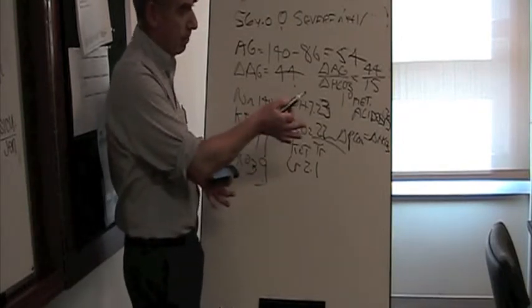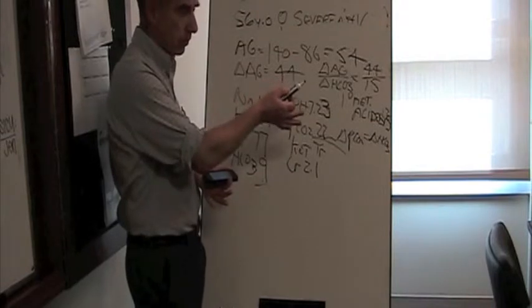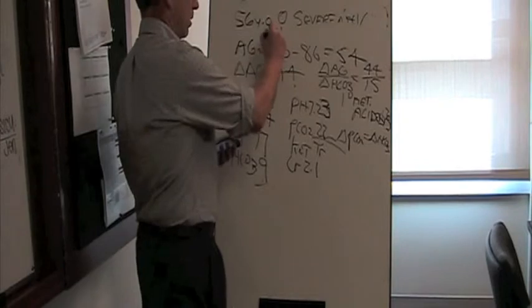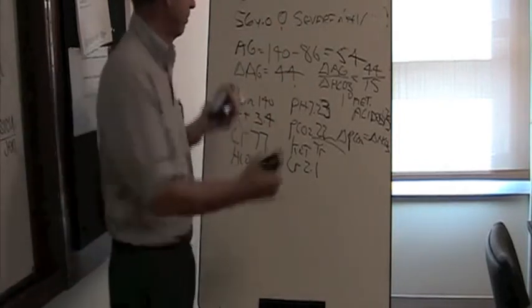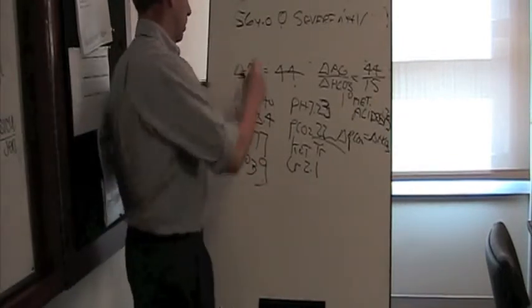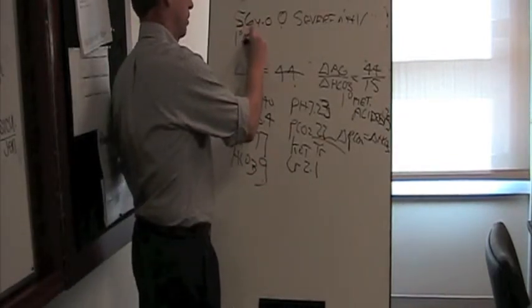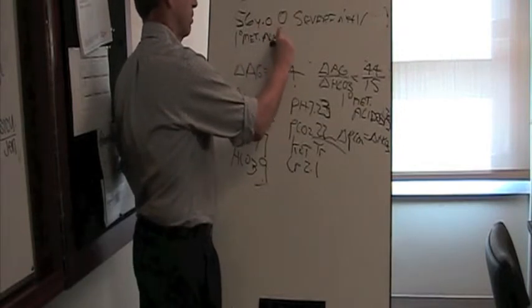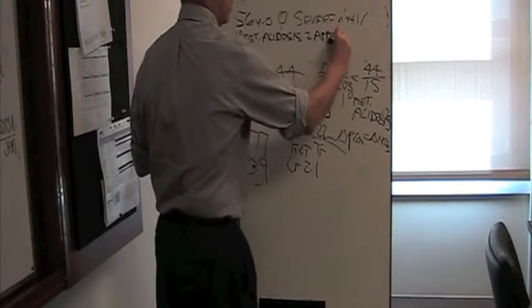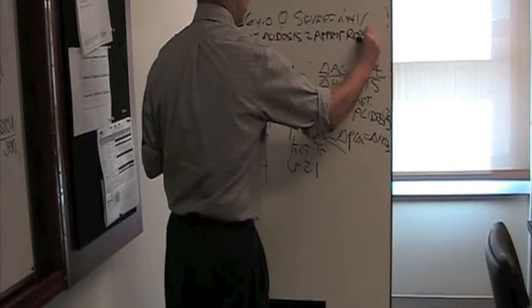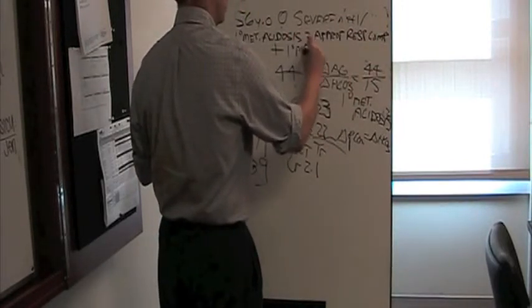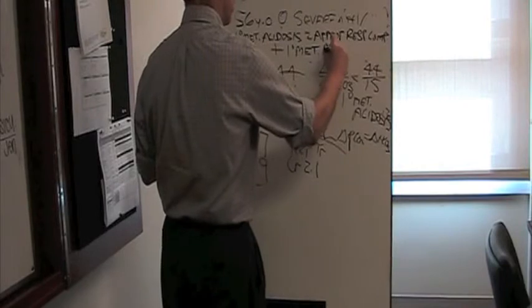So the bottom line is you have a primary metabolic acidosis with appropriate respiratory compensation plus a primary metabolic alkalosis.